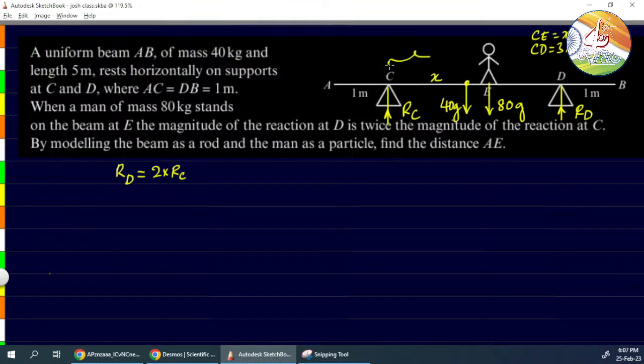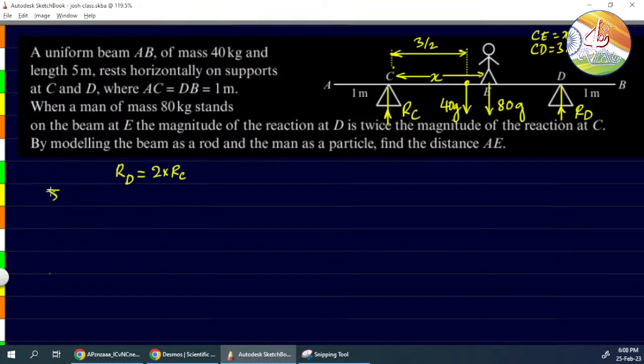The x distance is this total distance, and this other distance will be half of CD. CD is 3, so 3 by 2 is the distance for the rod. Having known all these values, we should be able to find the value of x.